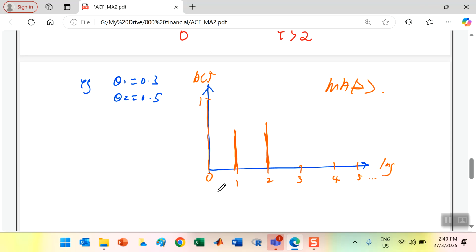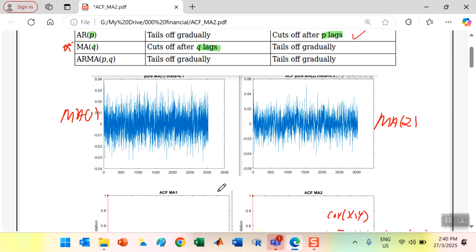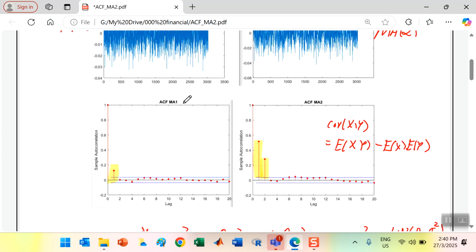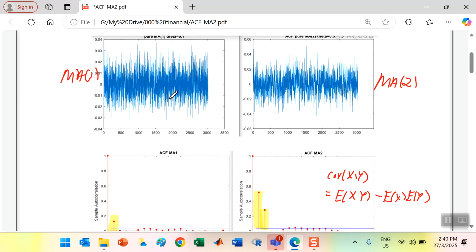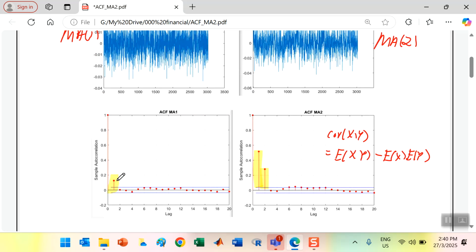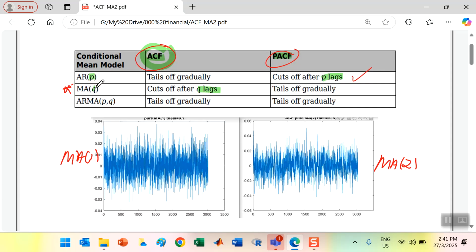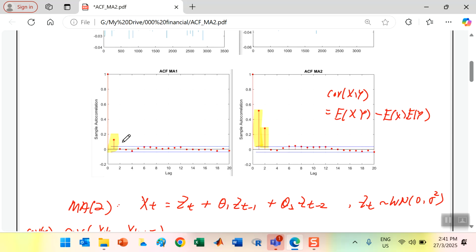So this is more or less about the ACF. If you use it to identify a moving average model with lag Q, you should be able to see the number of significant spikes according to the order Q. If Q is 1, you have 1 spike. If Q is 2, you have 2 spikes.